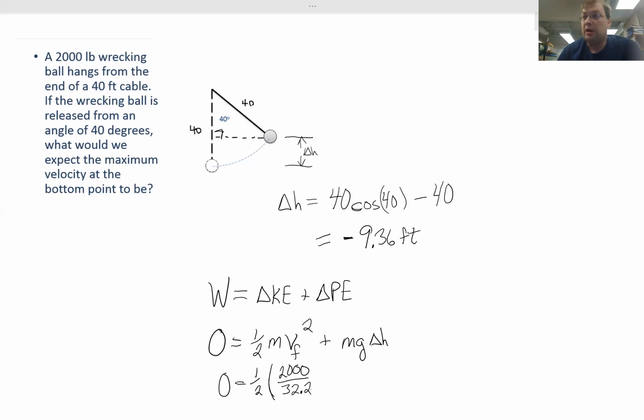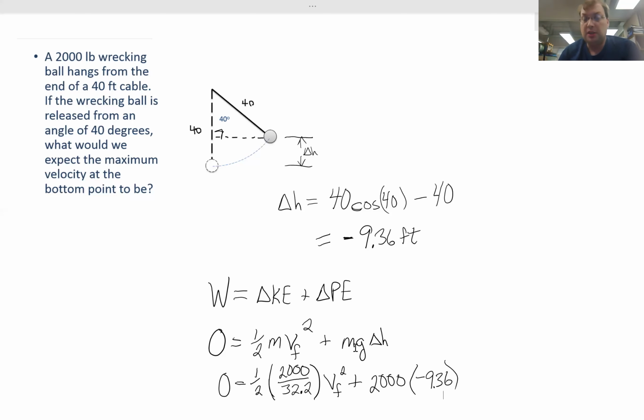The acceleration due to gravity in US customary is 32.2 feet per second squared, so we divide by 32.2, and we have our final velocity squared. Plus, mass times gravity is our weight, so we can bring in just the 2,000 pounds and multiply that by our delta H, which is negative 9.36.